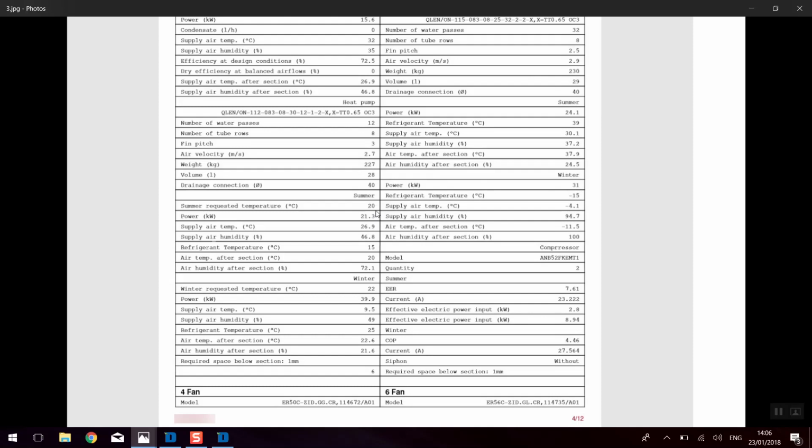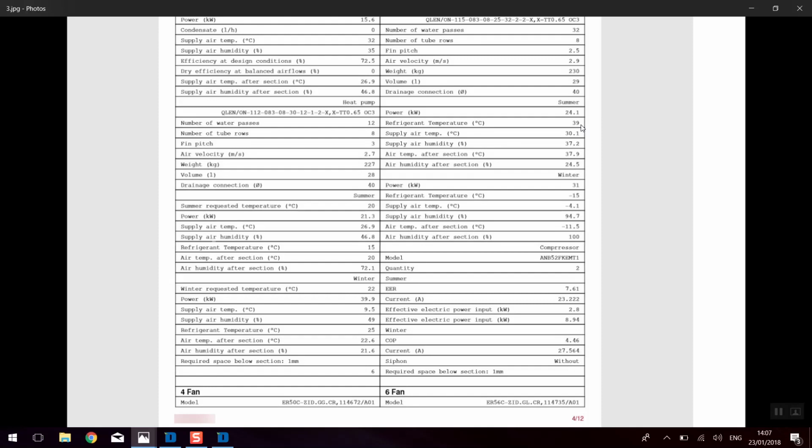If we go to the summer mode, here again we have inlet temperature in the condenser 30 degrees, outlet temperature almost 38 degrees, and the refrigerant temperature is written 38 degrees, which again at this face velocity of 2.9 is very unusual.